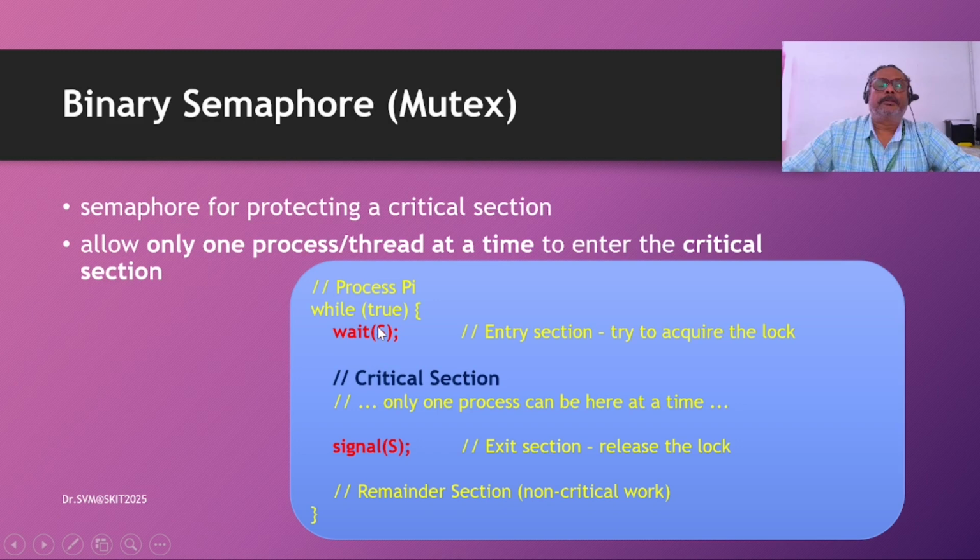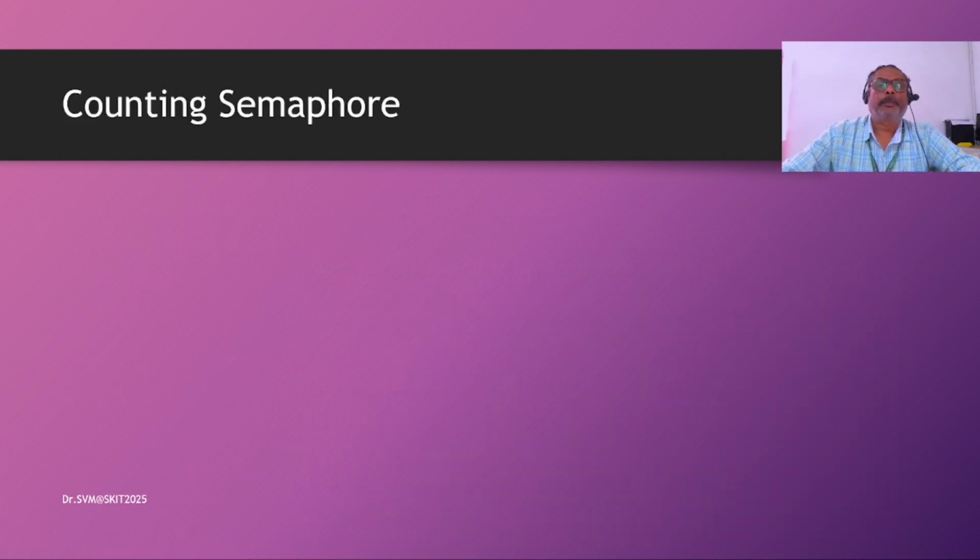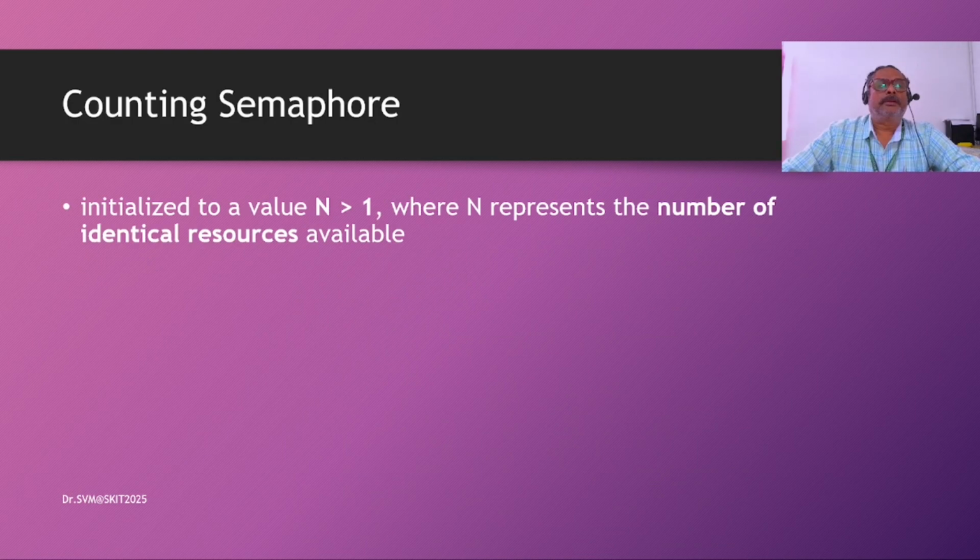Wait means it looks for the shared resource we are interested in. If it is available, it gets into the critical section, locking it, and once we signal, that particular shared resource is released.